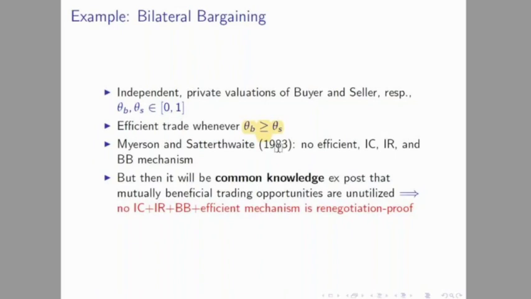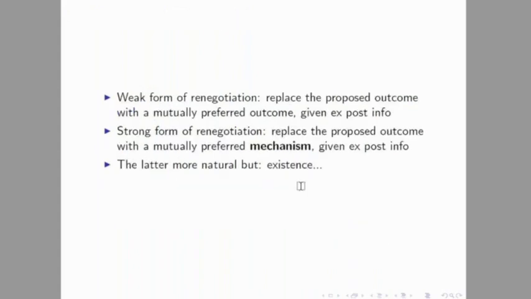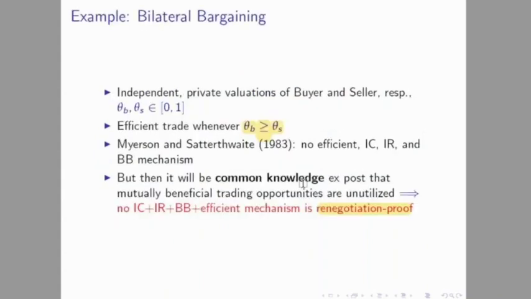So that is the challenge to the models of bilateral bargaining, but it's in particular a challenge to the notion of renegotiation proofness, because it is simply an inadequate way to think about renegotiation proofness in many scenarios, because it leads to an empty set of solutions, in particular in bilateral bargaining.